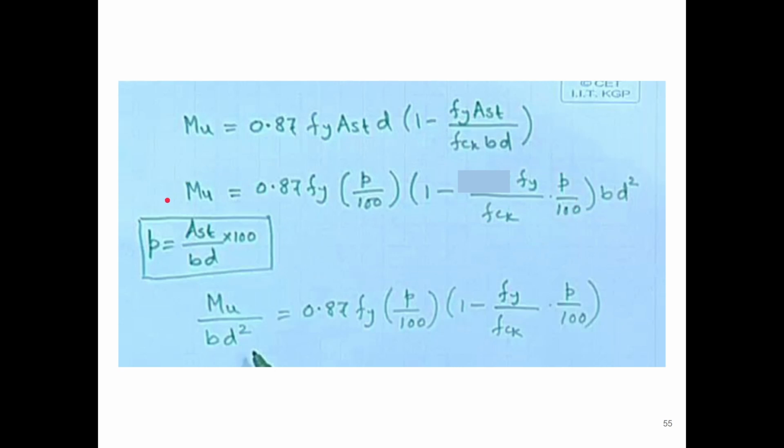So Mu equals 0.87 Fy into P by 100 into 1 minus Fy by FCK into P by 100 into BD square, where P is equal to AST by BD into 100. So Mu by BD square is equal to 0.87 Fy into P by 100 into 1 minus Fy by FCK into P by 100. That is the equation of the moment carrying capacity.